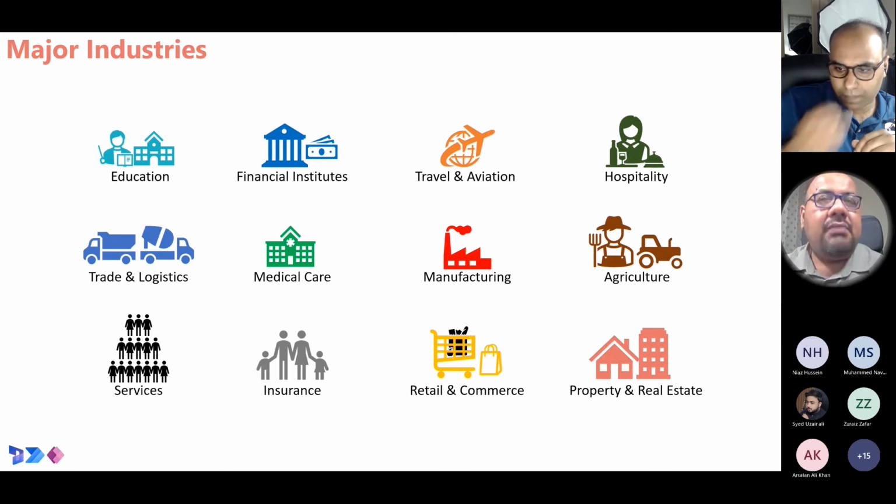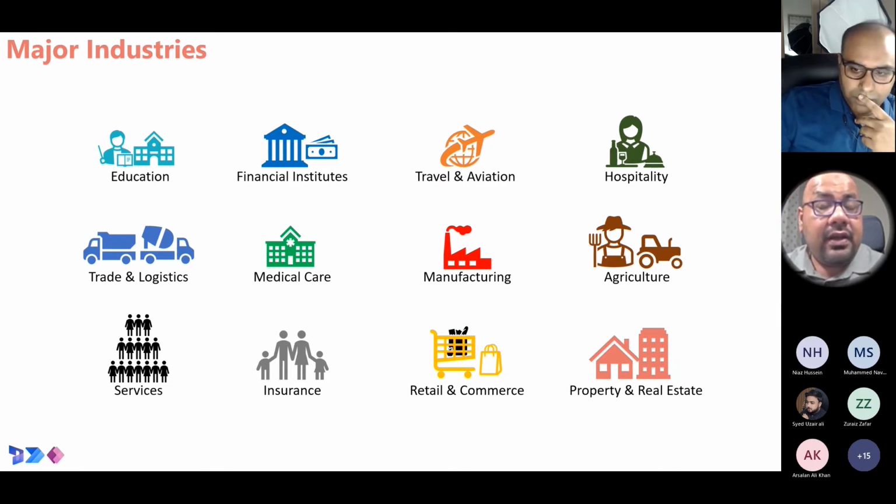But still, Dynamics 365 is much more convenient and easy to go with. Then the agriculture sector is different, managed specifically for field service and geolocation, as well as for trading purposes. The agriculture sector is also utilizing Dynamics 365.